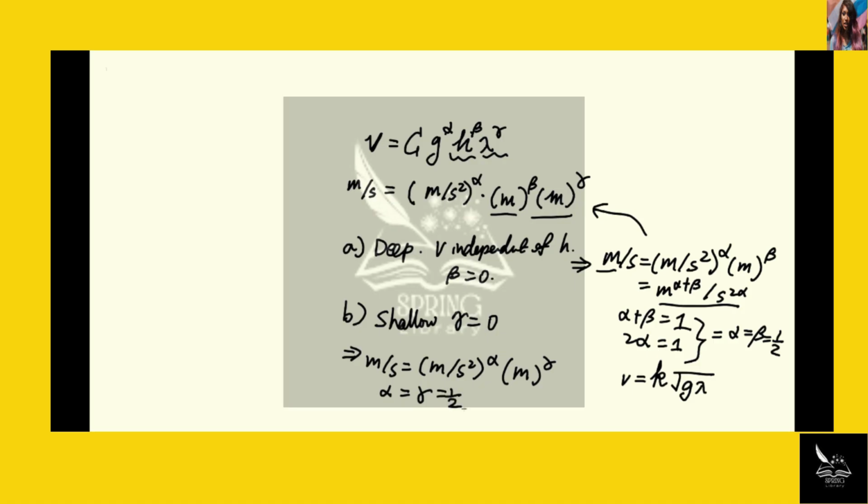So here we will have V equals A times the square root of g times h. So according to dimensional analysis, we get this relationship for deep water and this relationship for shallow water.